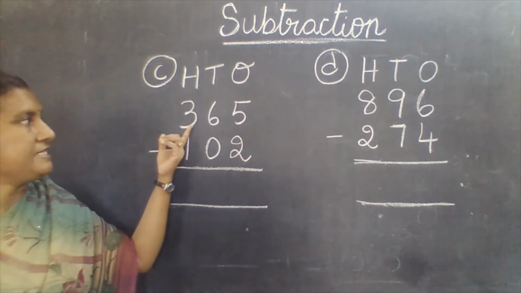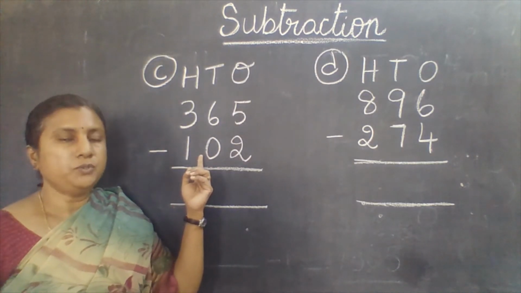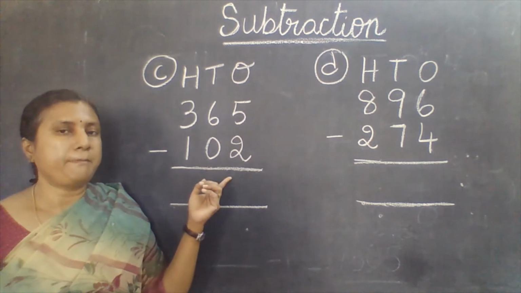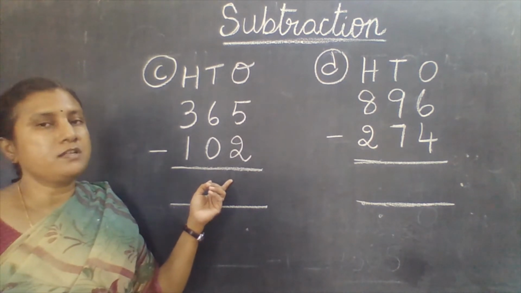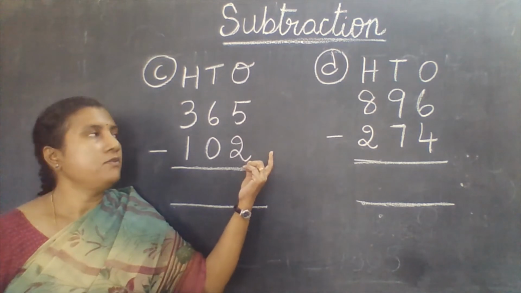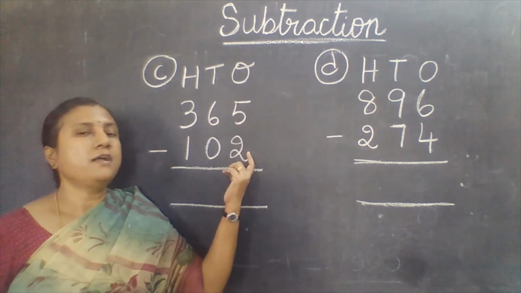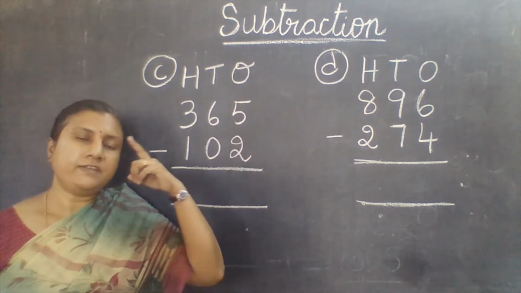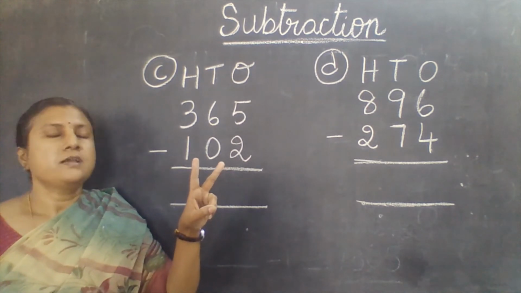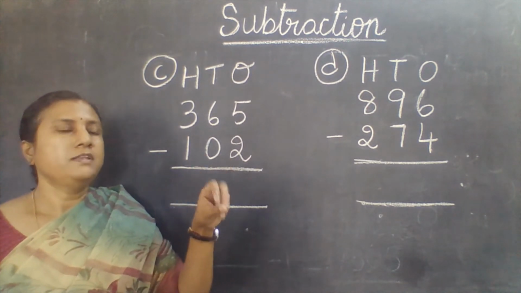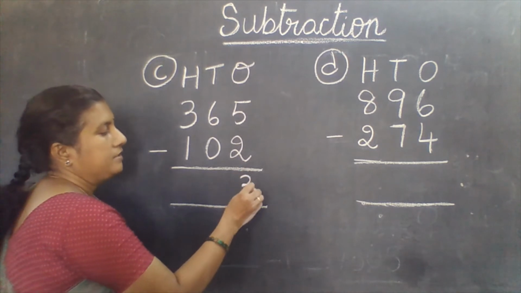Here we have 365 and 102 to subtract. For subtraction also you have to start from ones place only. Here 5 and 2 are there to subtract. So 5 in your mind, 2 in your fingers. Before 5: 4, 3. What is the difference? 3.